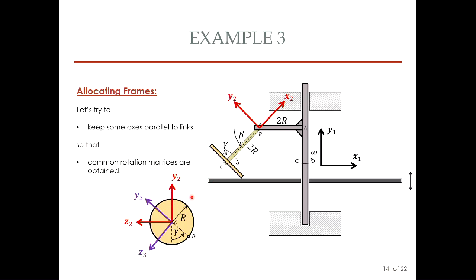So this is how I attached the coordinate systems here. The red one is moving together with this rod BC, so that the vector from B to C is 2r units in the negative x2 direction.